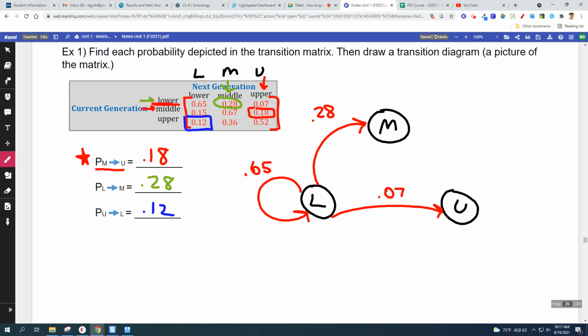That was part of the definition above, but that's my lower to each of the other 3 states. Now let's look at middle. If we go from middle to lower, that's 0.15. And middle to middle, or back to itself, is 0.67. And middle to upper is 0.18.